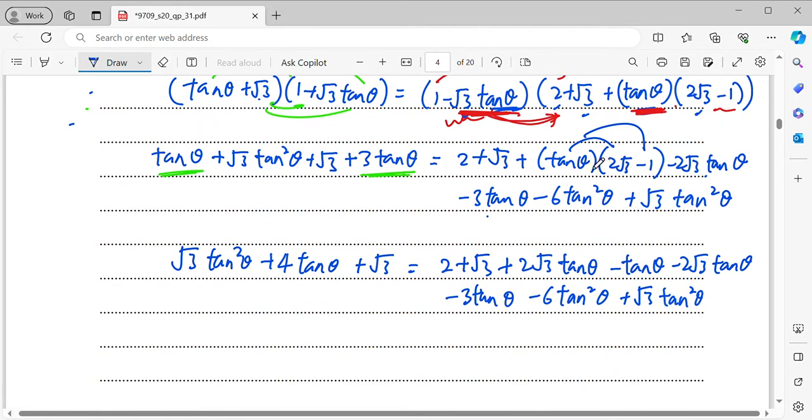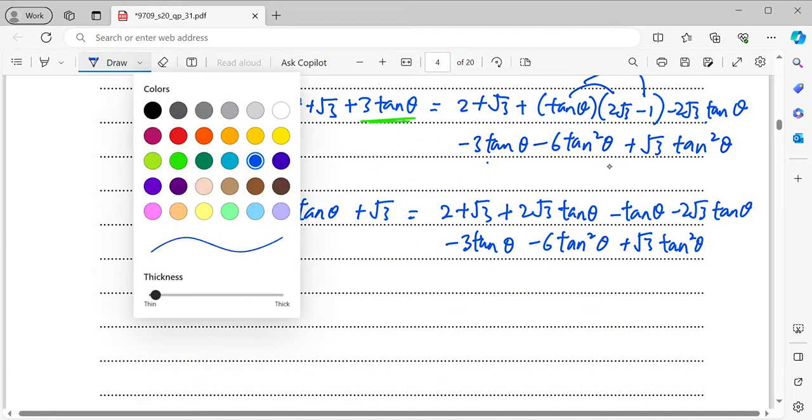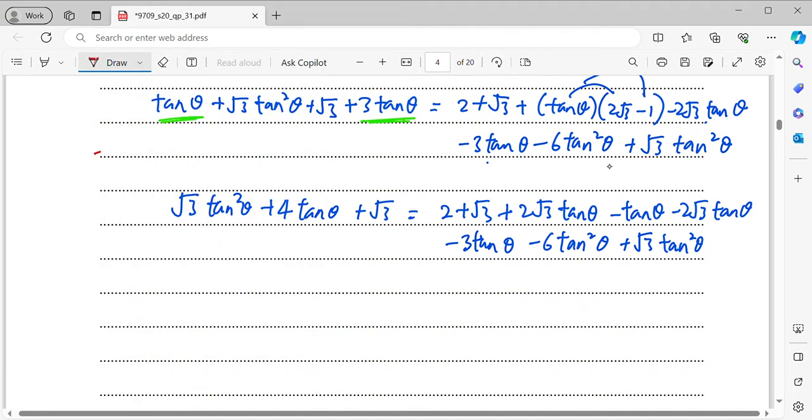Then from here, I will try to simplify the terms on the right hand side. So the third term and fifth term will be cancelled off. Then I will move all the terms to the left hand side. So here I will be getting √3 tan² θ + 4 tan θ + √3.